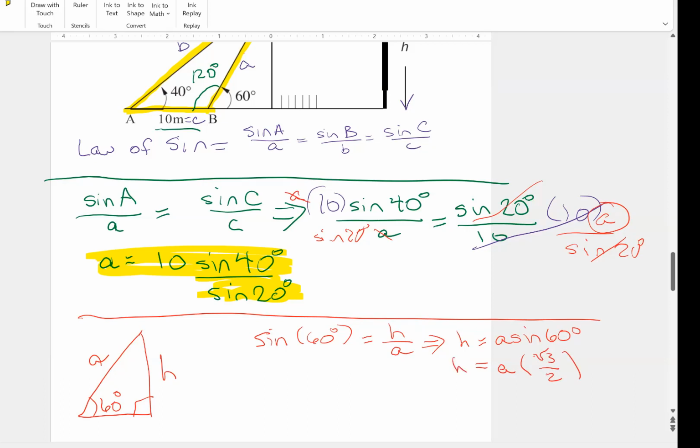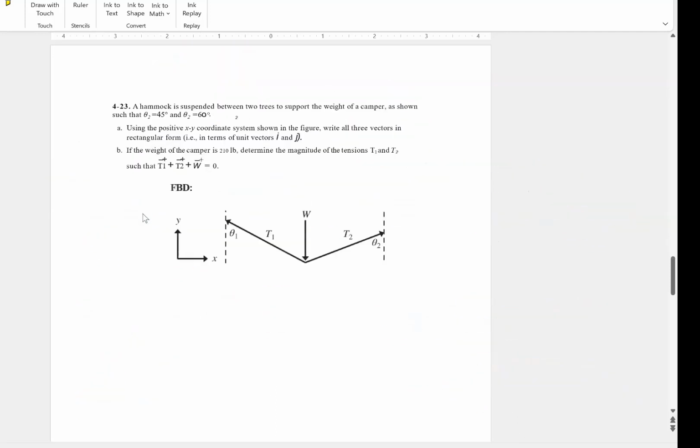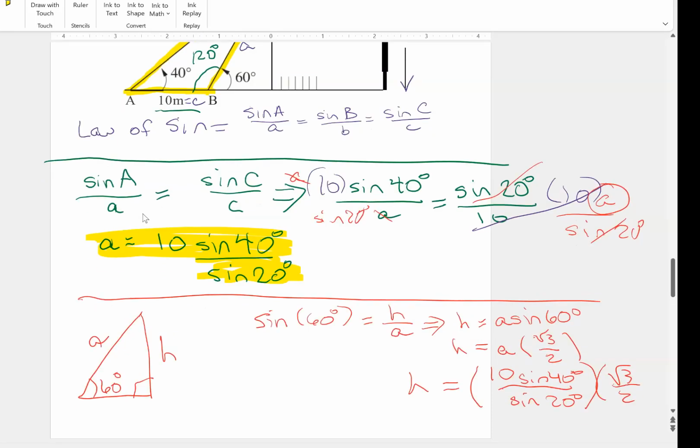And so without a calculator, I know H is equal to 5. So I'll write it all out first. 10 sine 40 over sine 20. That's A times the square root of 3 over 2. See if I have any more space down here. Oh, I have a little tiny bit. I can use this.